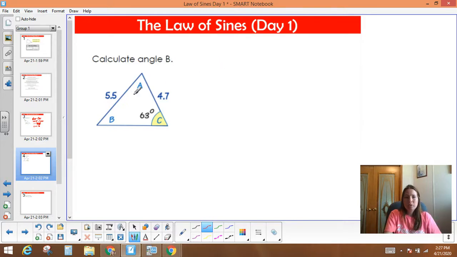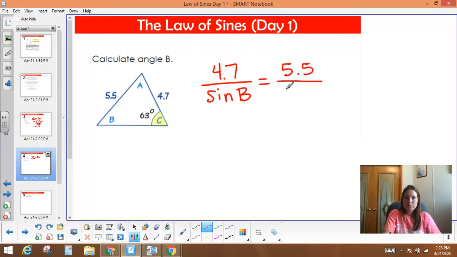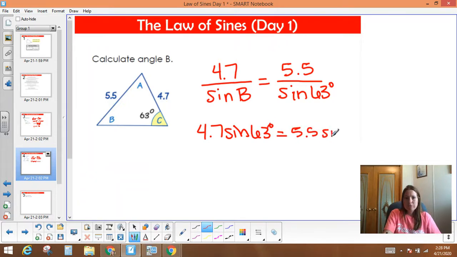So we're looking for angle B, so I need to know side B. So 4.7 over sine of B is going to be equal to, and then this is the matching pair that I have that makes it okay for me to use the law of sines, 5.5 over sine of 63. All right, so when I cross multiply, we get 4.7 sine of 63 is equal to 5.5 sine of B. All right, so we're going to divide by the 5.5.